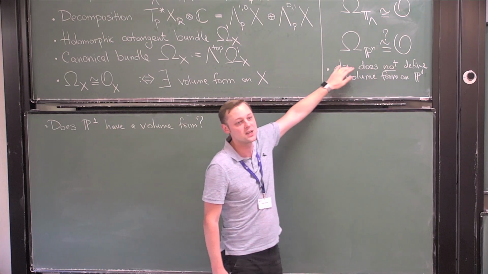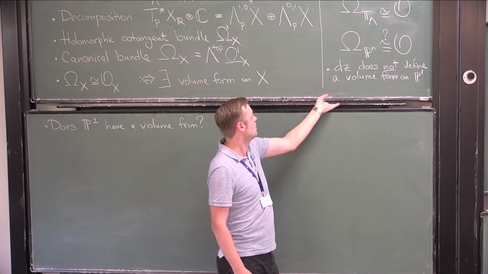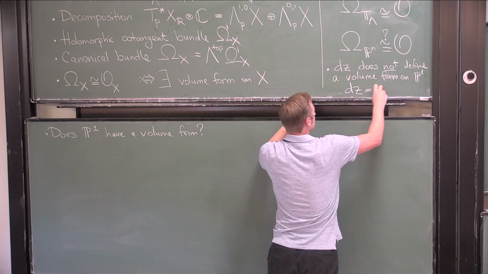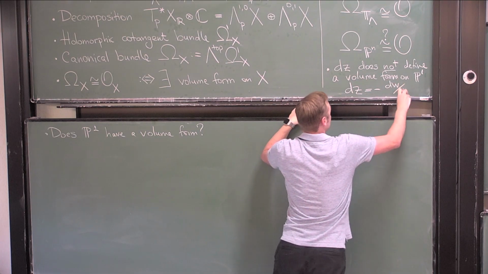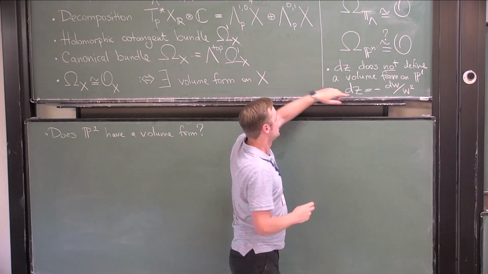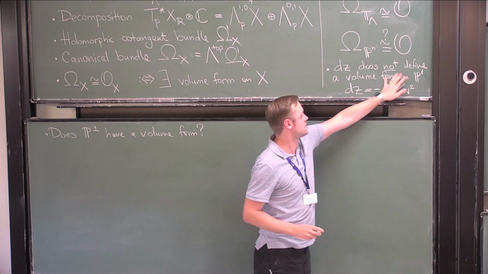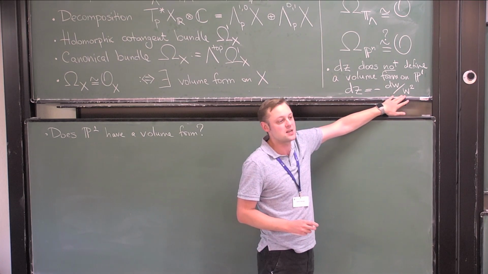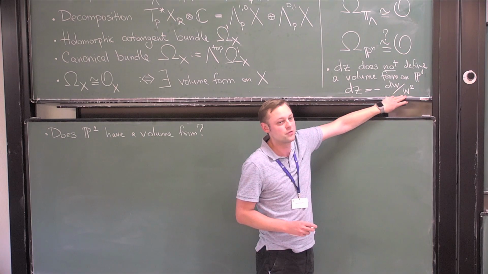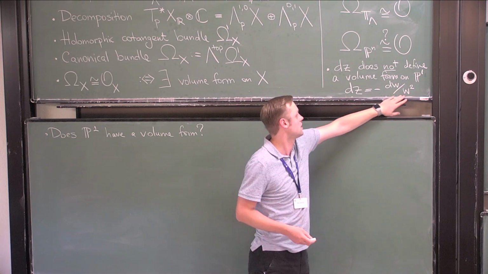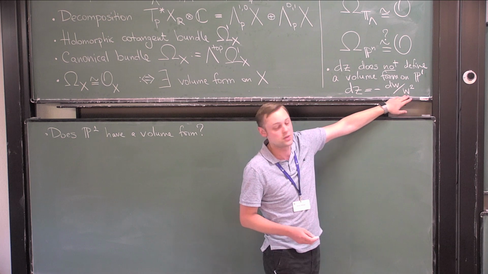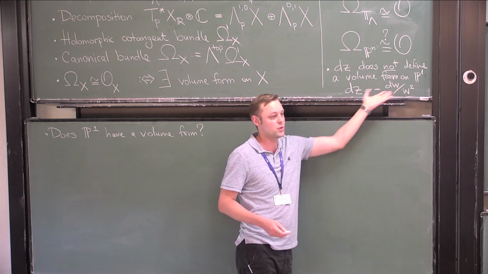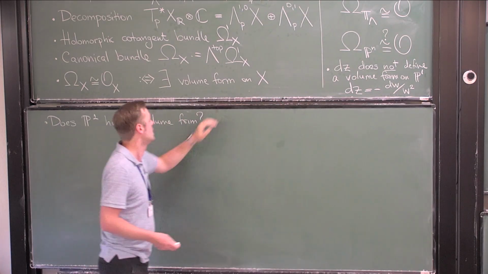It did not define a volume form because this dz in the other coordinate chart looks like minus dw over w squared, which means, over the double intersection, this is of course a perfectly well-defined holomorphic one form, but it does not extend as a non-vanishing holomorphic one form to the whole w chart. It obviously has a problem at w equals 0. And with this one, there's just no way to fix it. These are the only two charts that we have, so there's not much we can do.